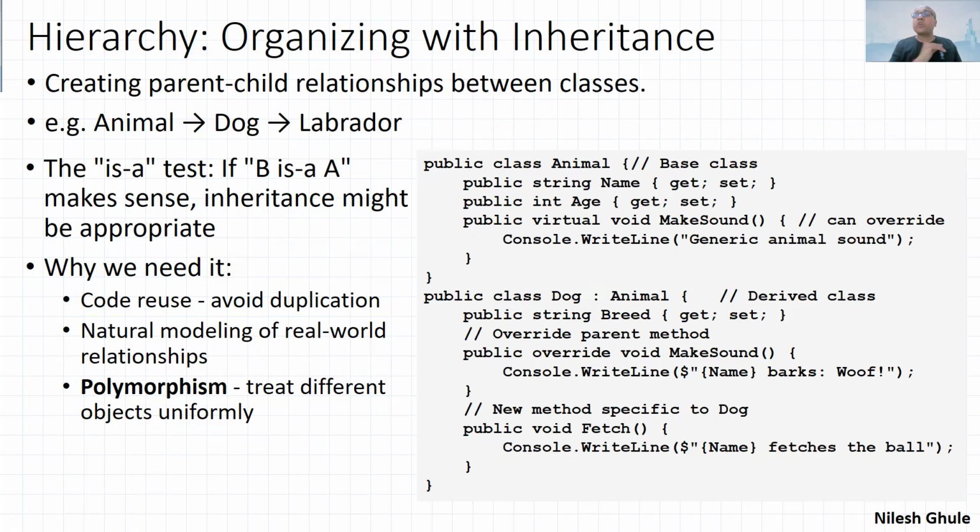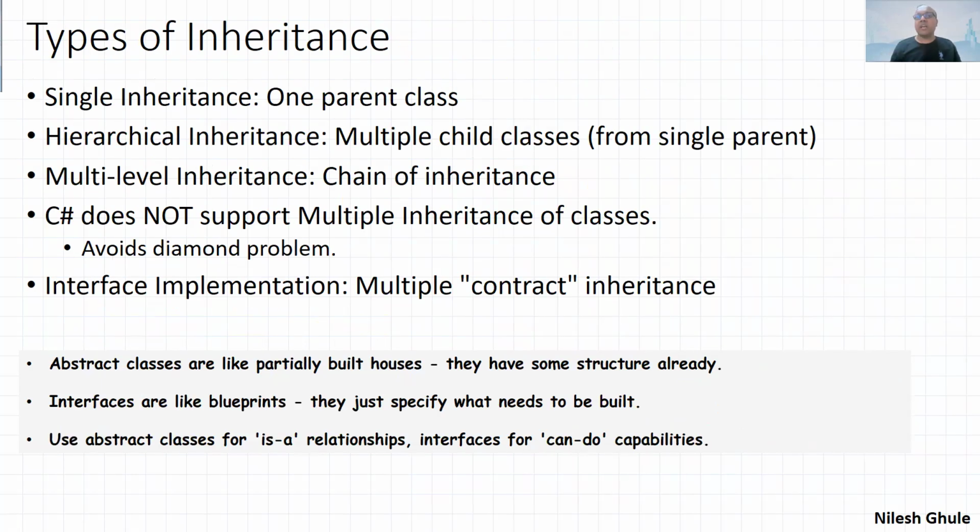By the way, we were talking about inheritance. Typically, inheritance has different types. A single inheritance is where you have one parent class and one child class. You can have a hierarchical inheritance, where there is one base class and multiple child classes, like you have a person and from person we have inherited student or employee.